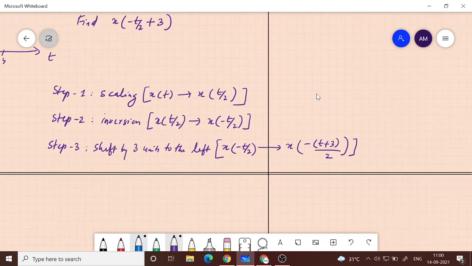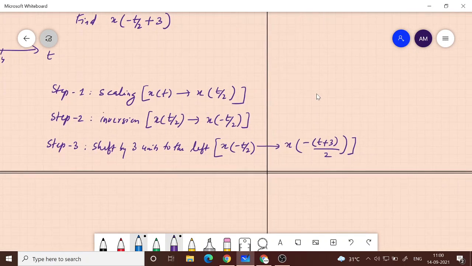Okay. So shifting is with respect to t. See, every operation, when I taught it in the beginning, t is what the focus is. t is replaced with t plus 3. That is shifting, advancing the signal by 3 units to the left. It is t replacing with t plus 3, nothing else.